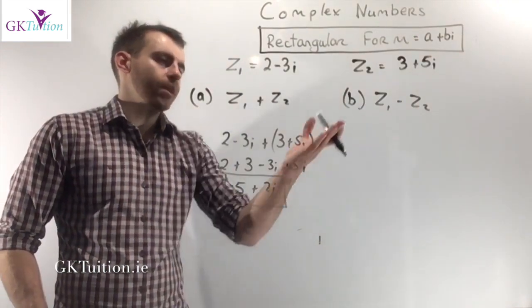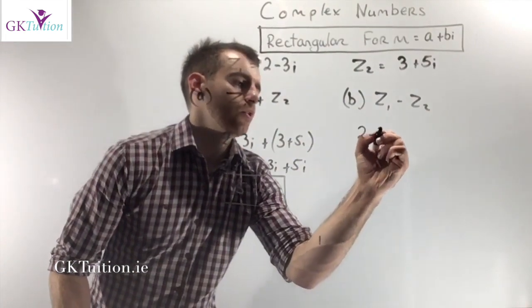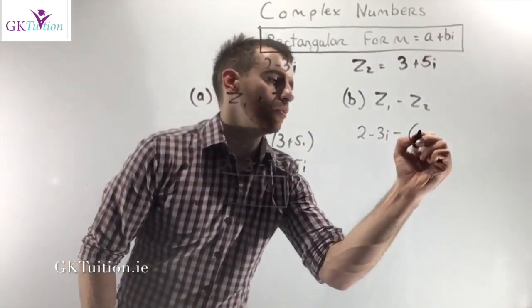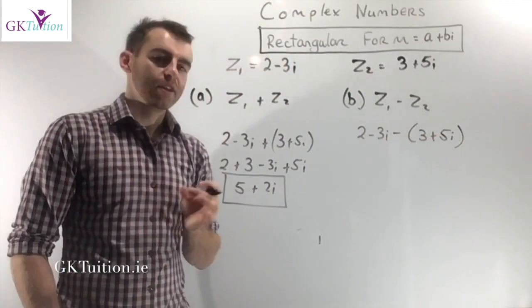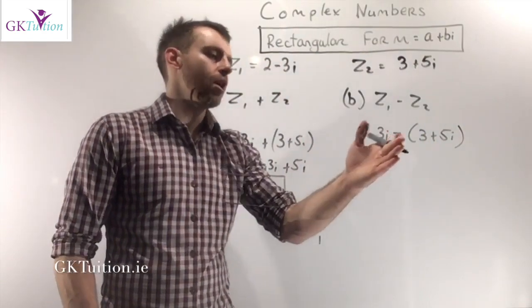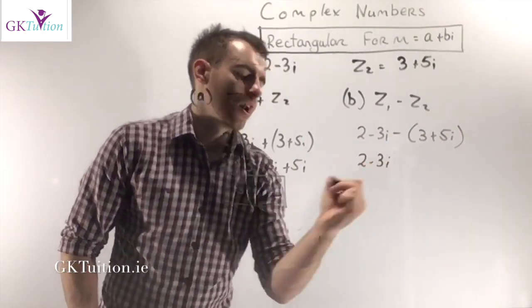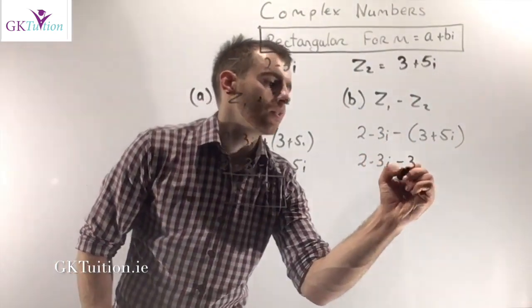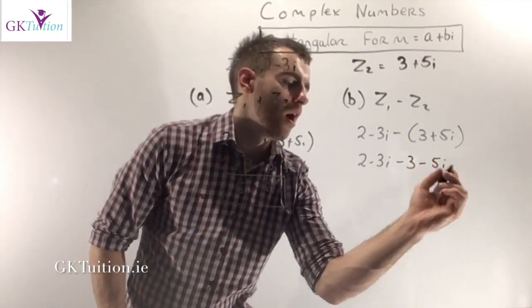Now if we did the same thing for z1 minus z2, well, z1 is 2 minus 3i, and you need to subtract z2, so it's minus 3 plus 5i. Now you just have to be careful with your signs here. We'd have to multiply out this bracket. So I can leave 2 minus 3i exactly as it is. If you multiply minus 1 by the first thing, you'll get minus 3. Minus 1 by the second thing, you'll get minus 5i.